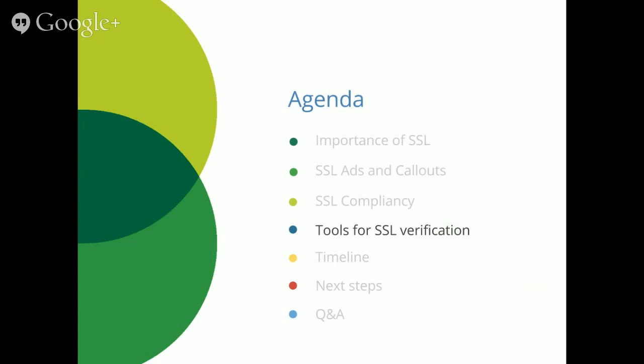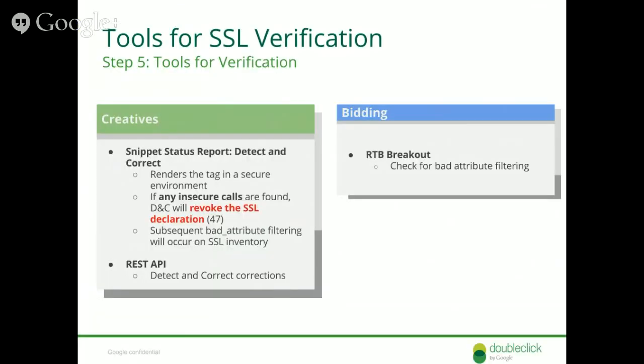Okay, so moving over to some of the tools that you can use to verify whether or not creatives are SSL compliant and whether or not you're actually getting filtered for bidding on SSL inventory with non-SSL creatives. So there are three main things. On the creative side, you can use either the snippet status report or the REST API if you are integrated with the REST API.